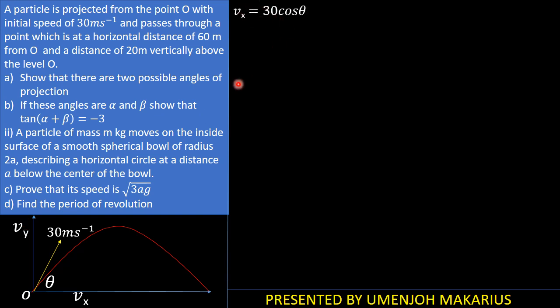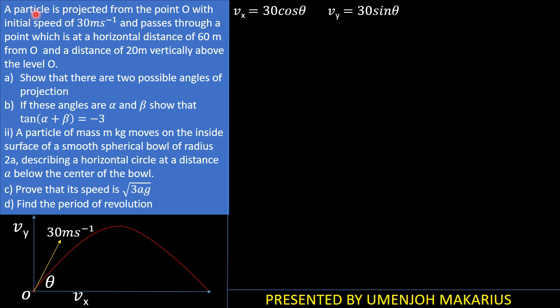If we resolve the horizontal component, Vx will be 30 cosine of theta, because Vx is the adjacent side of the right angle triangle made with the Vx vector and the speed of projection. Likewise, Vy, if we resolve, is 30 sine theta.